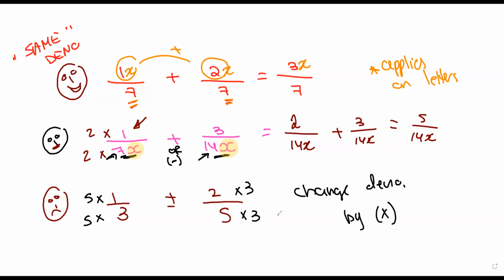And when you multiply, you have to make sure that you multiply up and down in the fraction. So by looking at these two denominators, I will change them both. I will multiply the first fraction up and down by 5, changing it into 5 over 15. Multiplying the second fraction by 3 up and down, changing it into 6 over 15. And then you do the math, whether it is addition or subtraction.